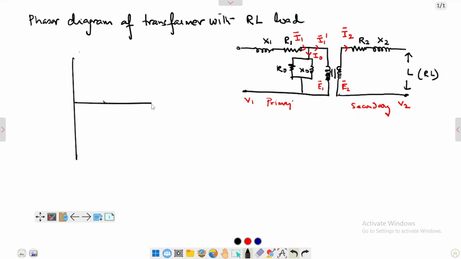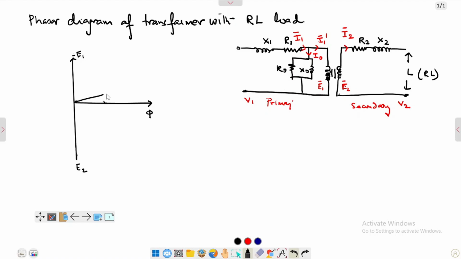And I will say this is my phi, and this is my E2, and here it will be written down as minus E1. First of all, to draw the phasor diagram of this transformer, whatever the load may be, R load, RL load, or RC load, always draw the no load phasor diagram at first.